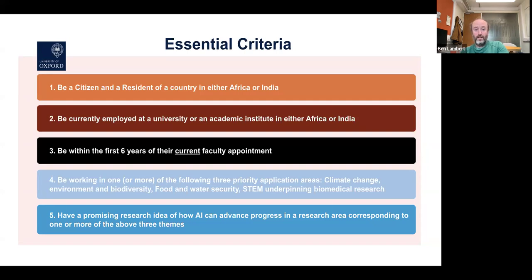What we're really looking for is domain science experts in that area who have noticed a gap that AI can plug. Again, that doesn't mean that you wouldn't be eligible. It just means that that's the kind of thing we're really aiming for in terms of funding during this fellowship. Thank you, Ben.